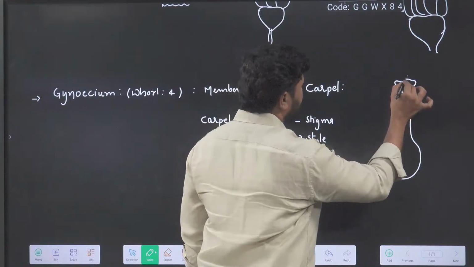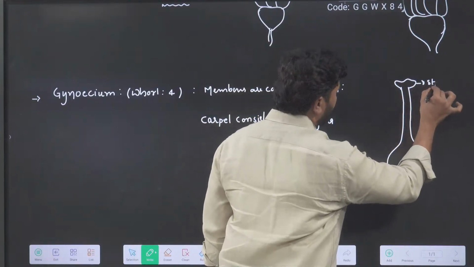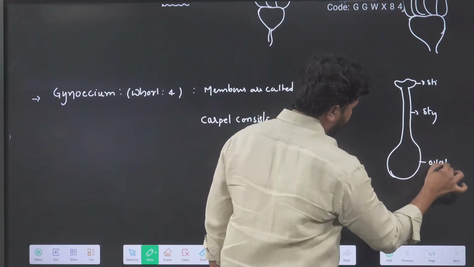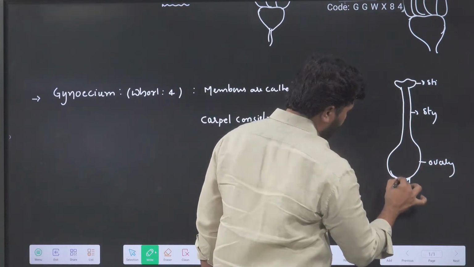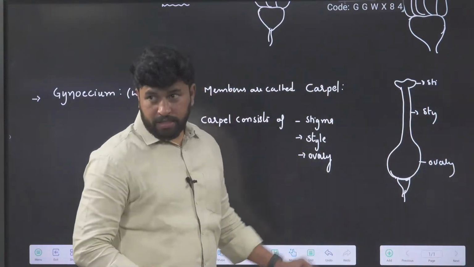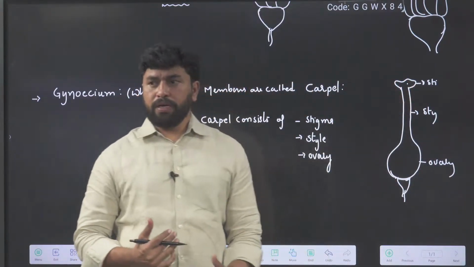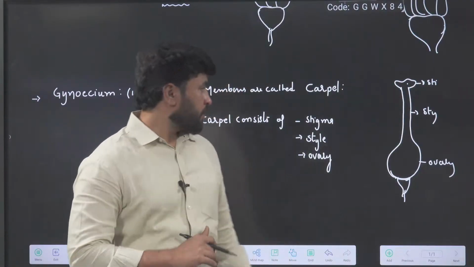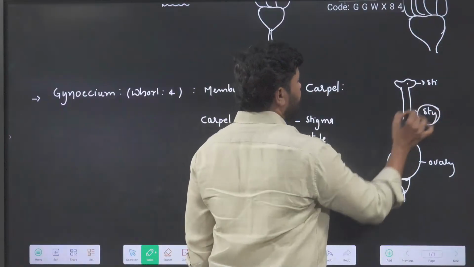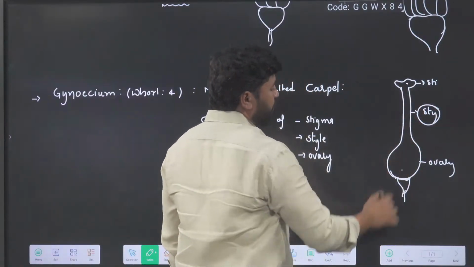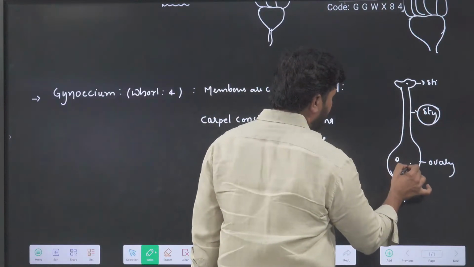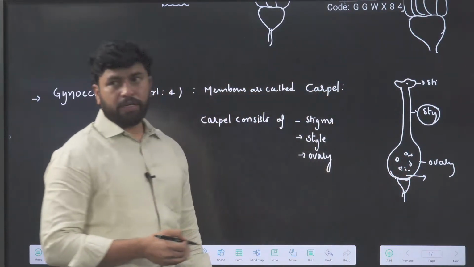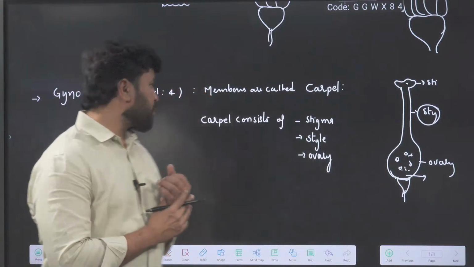It has stigma, style, ovary. All parts will be sitting on thalamus. The stigma is a part where pollen grains will sit, which is also called receptacle of pollen grains. Style is connecting stigma with ovary. Ovary is the place where ovules are present, and this is the area later converted into the form of fruit.